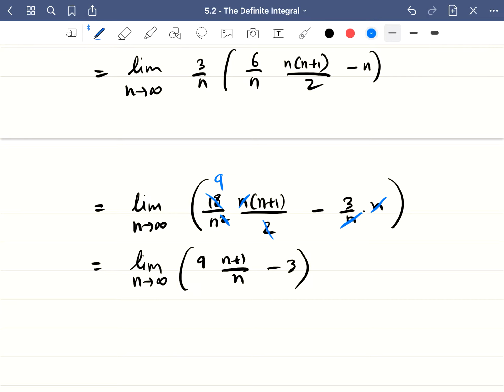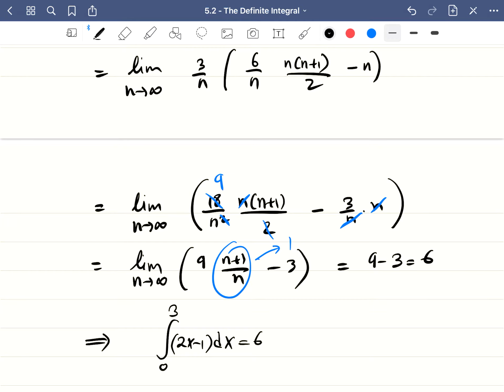This part here approaches 1, so this is equal to 9 minus 3, which is 6. So long story short, the integral from 0 to 3 of 2x minus 1 dx is 6. Now this is using the definition.